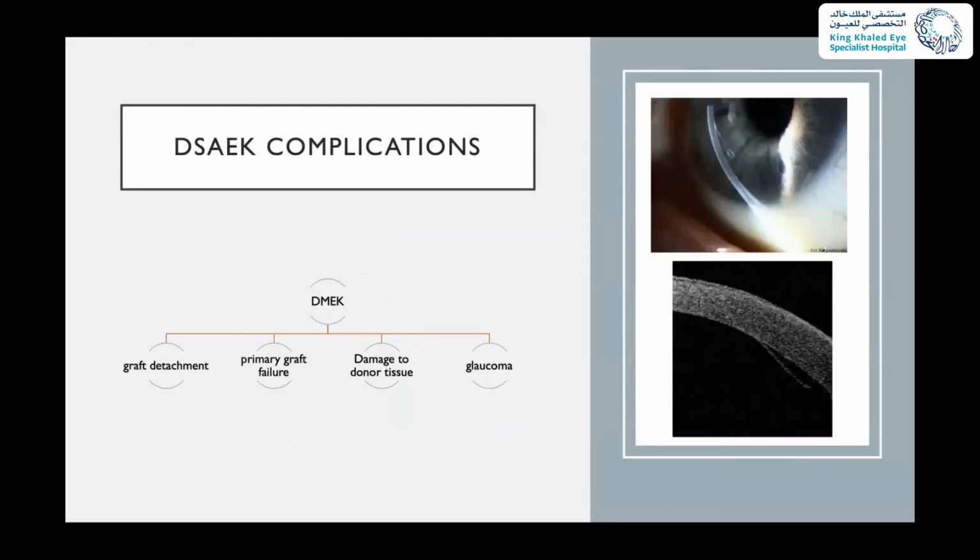Last but not least, let's talk about, sorry, it says DSAEK here, but this is DMEK complications. So similar to DSAEK, graft detachment is the most common complication in DMEK. The graft detachment after DMEK is usually different, where it tends to start with peripheral lifting of the graft edge.